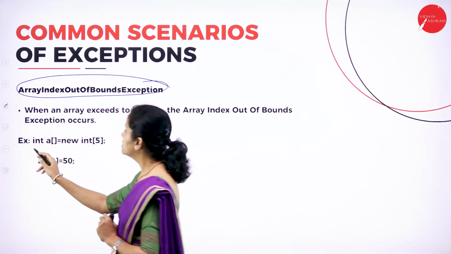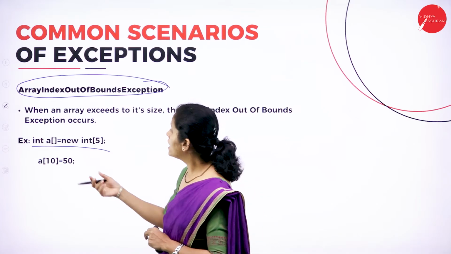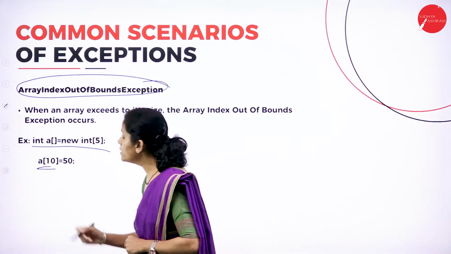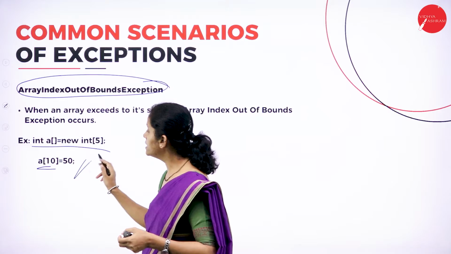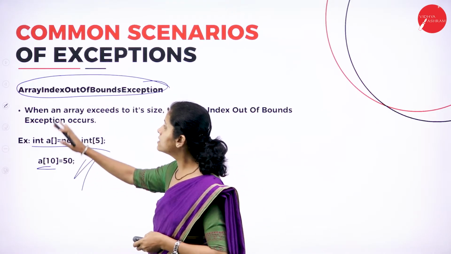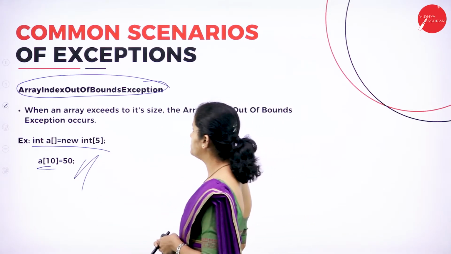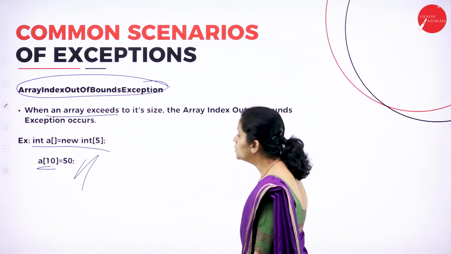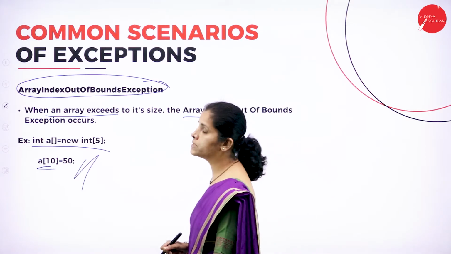Fine. Now see this example. I'm going to create an array, and what is the size of the array? It is 5. But here I'm trying to access the 10th element. At that time, it generates an error. So that kind of error is called array index out of bound exception. So when an array access exceeds its size, the array index out of bound exception occurs.